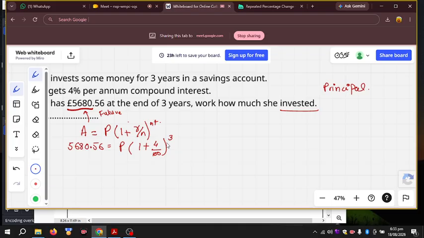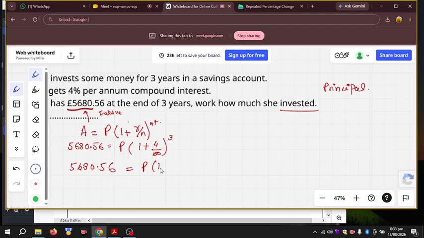So could you please tell me what is 1 plus 4 upon 100? 4 over 100 is 0.04, plus 1 is 1.04.